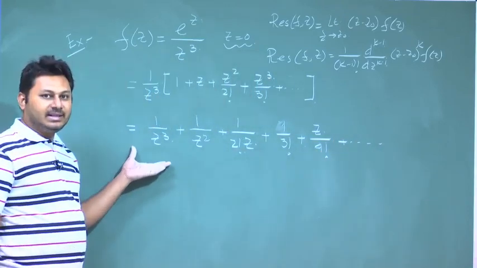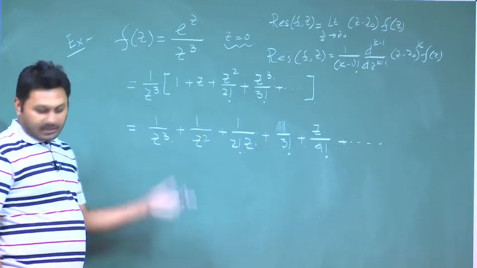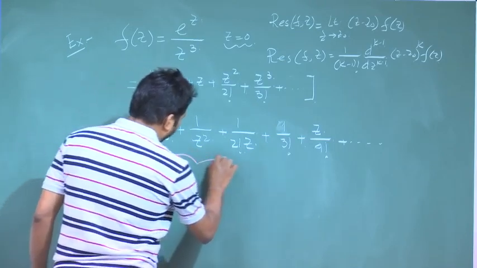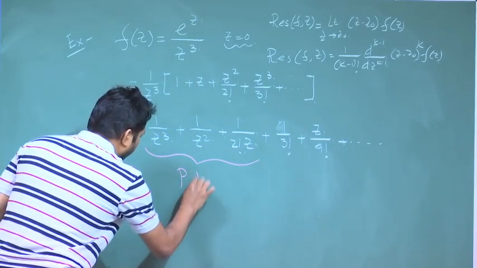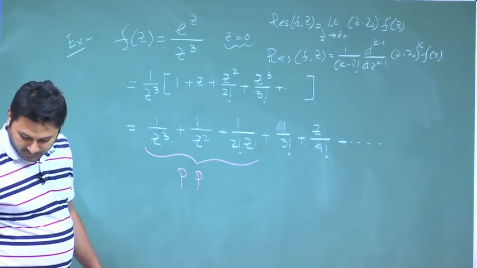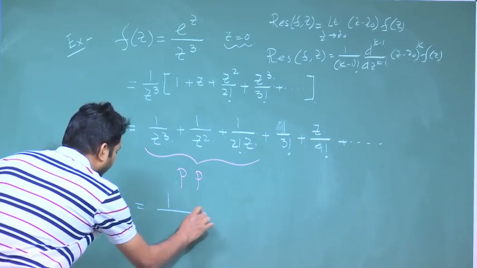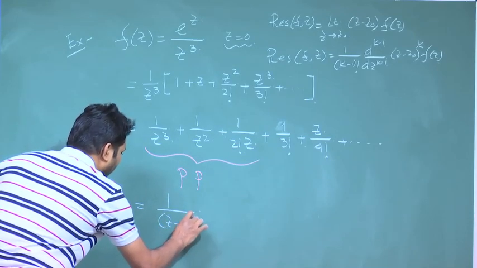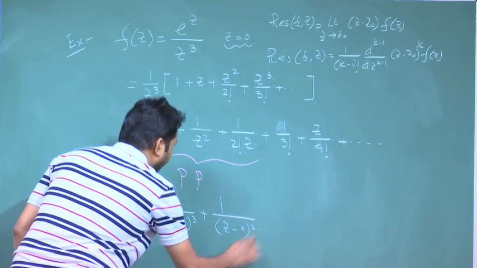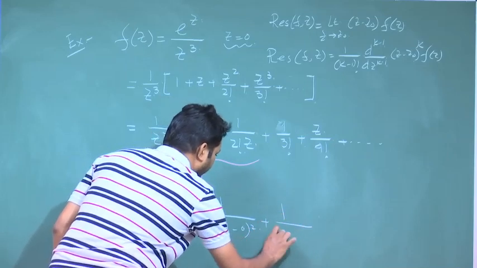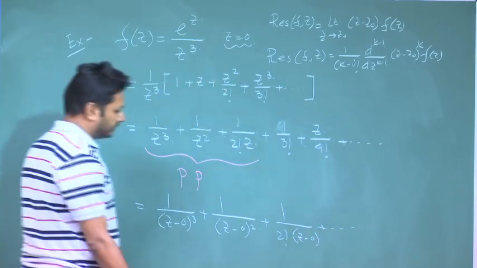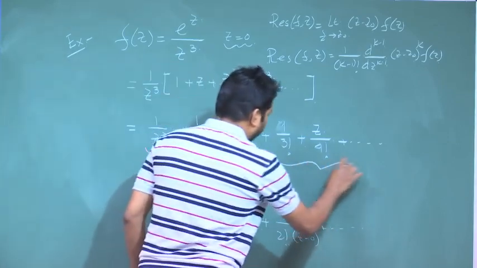So now you can see that this is a series where we have the principal part and the analytic part. So this is my principal part PP, in powers of 1 by z minus z0. If I write it in this way around z equal to z0, it is 1 divided by (z minus 0) cube plus 1 divided by (z minus 0) square plus 1 divided by factorial 2 times (z minus 0) and so on, and this is the analytic part AP.